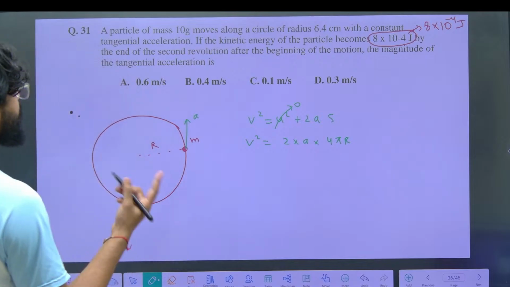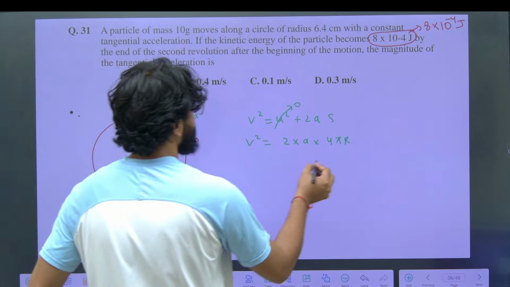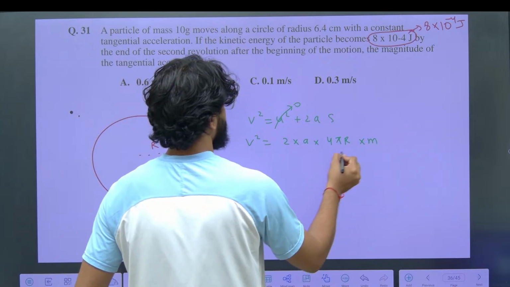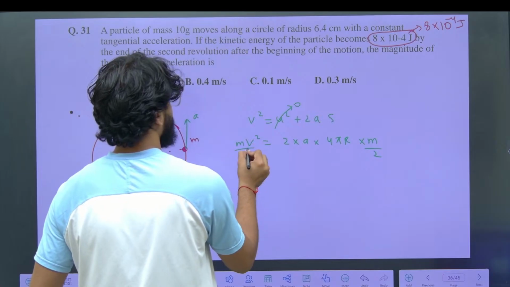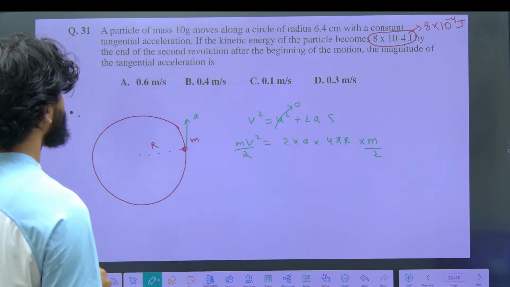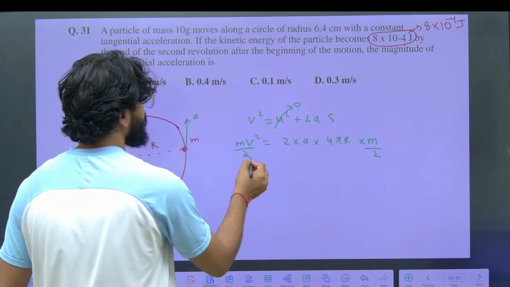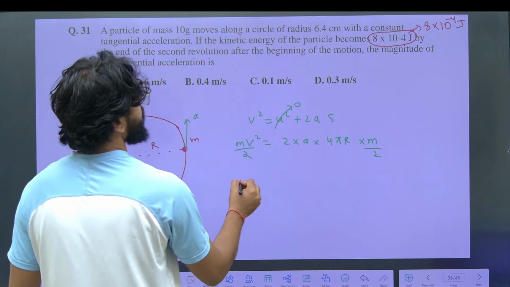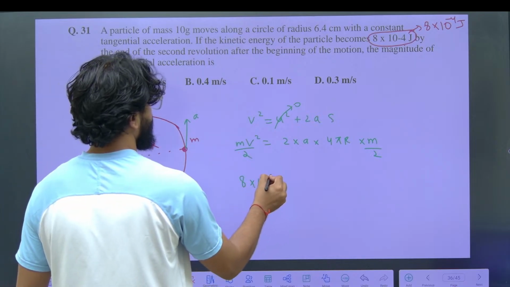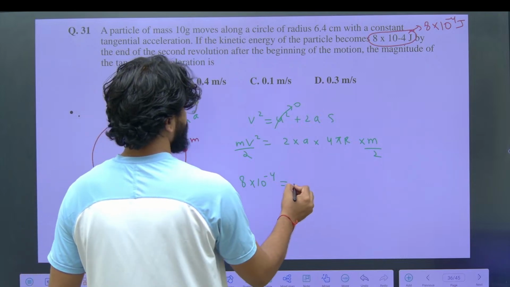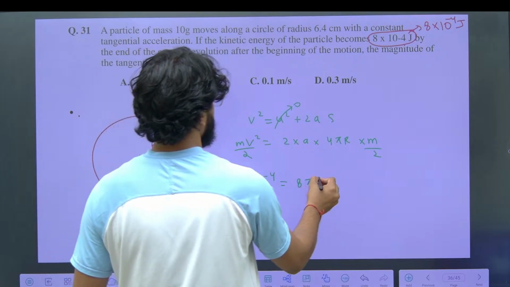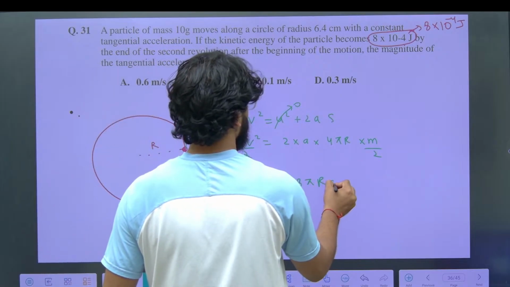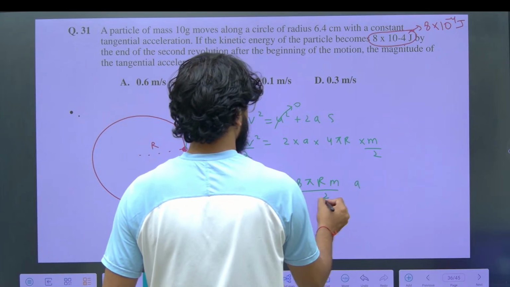The kinetic energy is given, so let's multiply with m and divide by 2. This value is given as 8 into 10 to the power negative 4 joules. This will be 8 pi r into m by 2a.